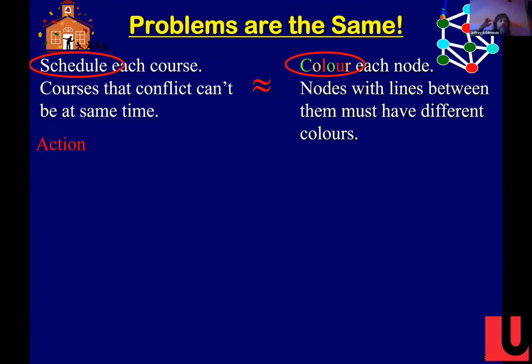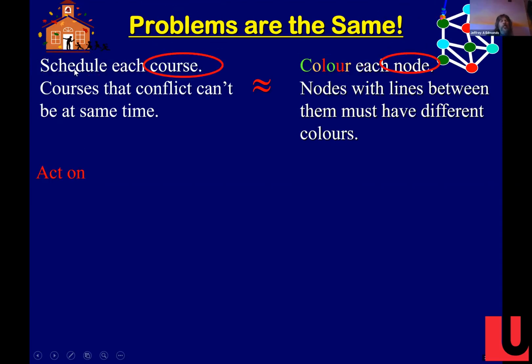So why is that? Well, what is our action? Our action is to schedule, and here our action is to color. Those are our verbs. And what does it mean to schedule? We're scheduling courses to time slots. It means to take each course and assign it to a time slot. What does color mean?